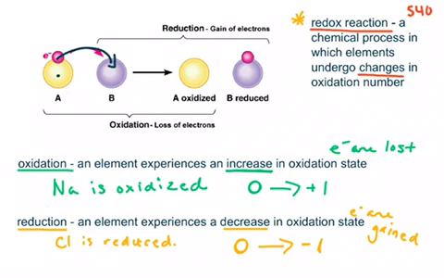Okay, so that's what's happening to compound A, but as a result, compound B is being reduced because it's gaining that electron, which will therefore decrease its oxidation state or make it more negative.